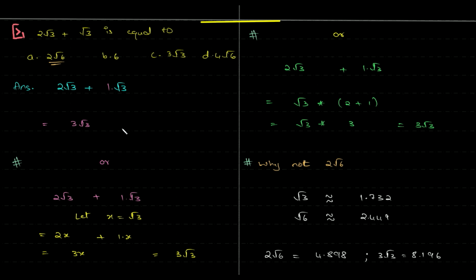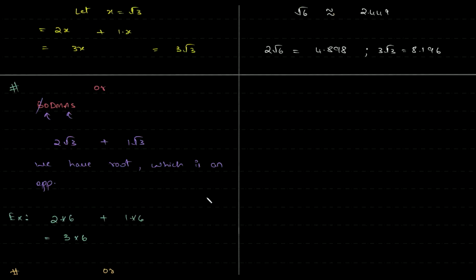With the same logic, you'll be able to add different roots. These are known as like surds. And because they are like surds, you'll be able to add them, or subtract them also. Unlike surds cannot be added or subtracted. Again, even that could be understood with the same set of logics. All of this can be used to understand this.